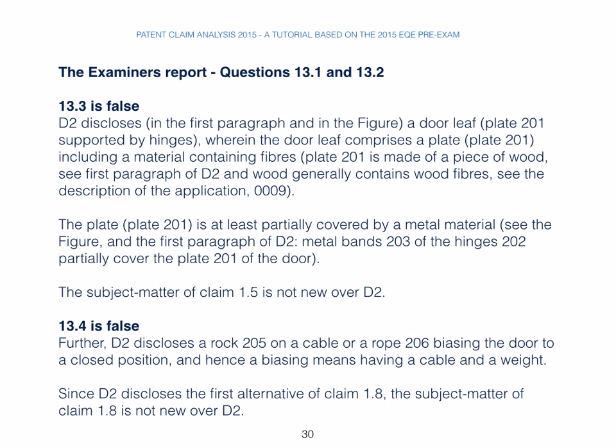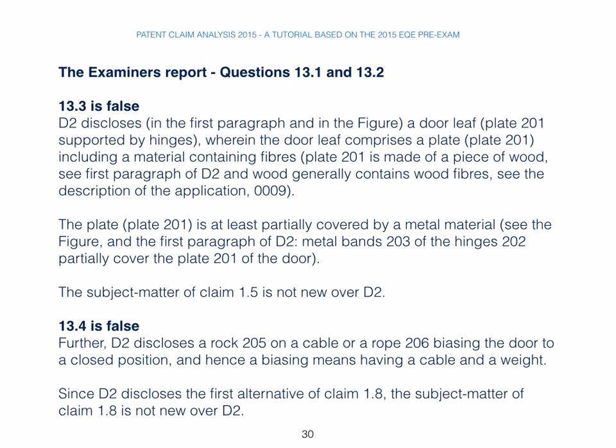13.3 is false for the following reasons according to the examiners. D2 discloses in the first paragraph and in the figure a door leaf plate 201 supported by hinges, wherein the door leaf comprises a plate 201, including a material containing fibers. Plate 201 is made of a piece of wood. See first paragraph of D2, and wood generally, I think they mean mainly, contains wood fibers.